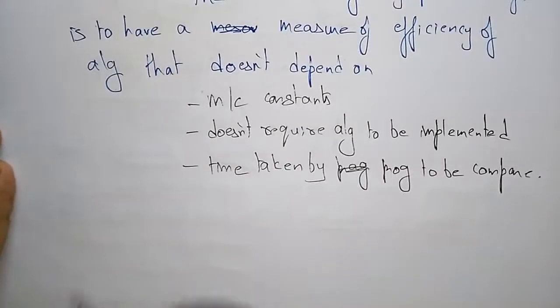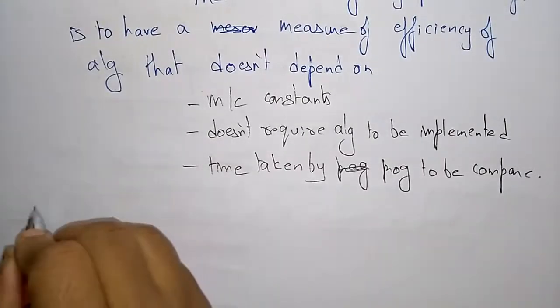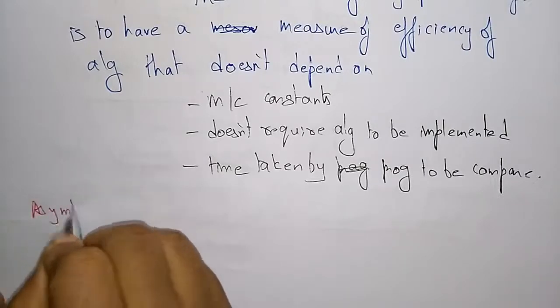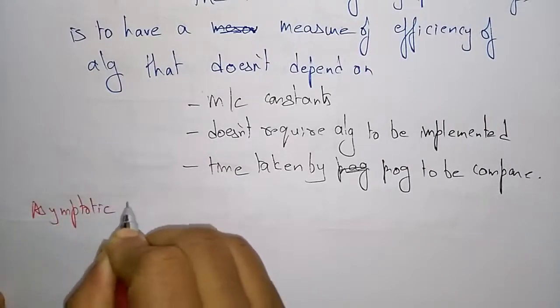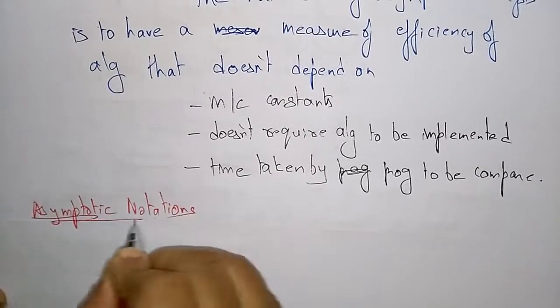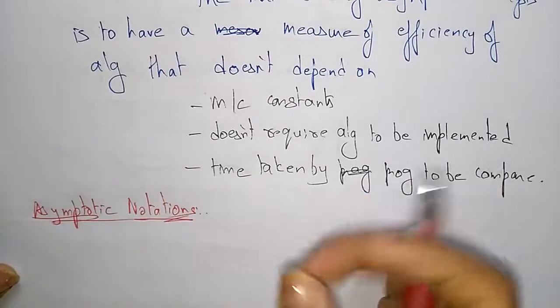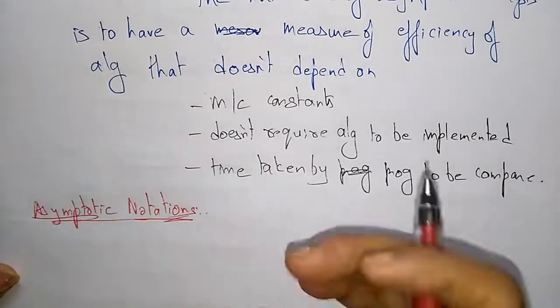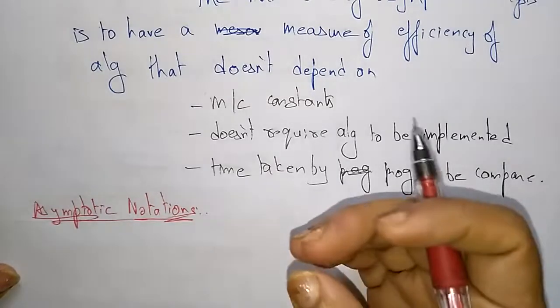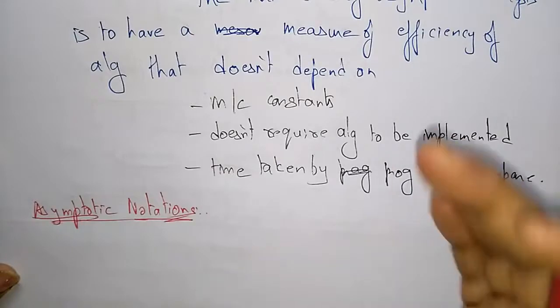Now let me write what asymptotic notations are. It is a way to describe the behavior of a function. Whatever function we have taken from the program, it is a way of describing the behavior of that function in the limit, or without bounds.